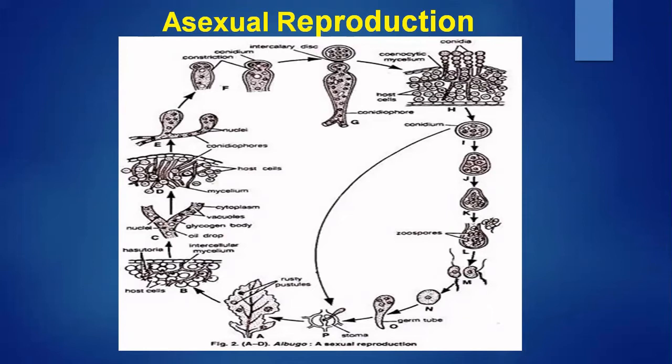Basipetal manner means the young one is at the bottom and the mature one is at the top. You can see smaller ones are near the tip of the conidiophores or sporangiophores, and the mature ones at the top of the chain. That's why it is known as basipetal formation.